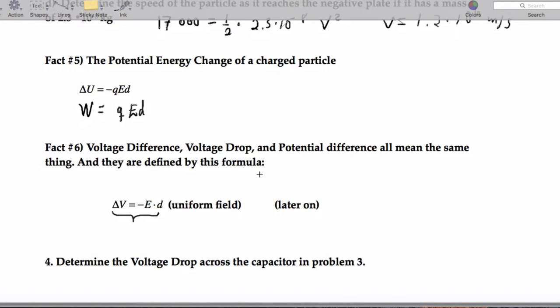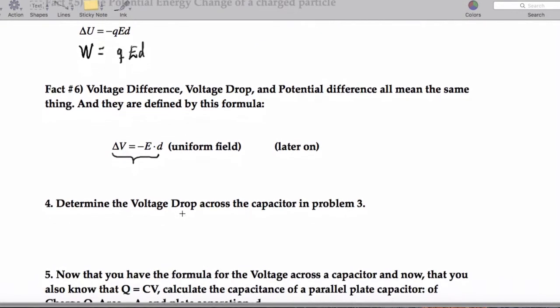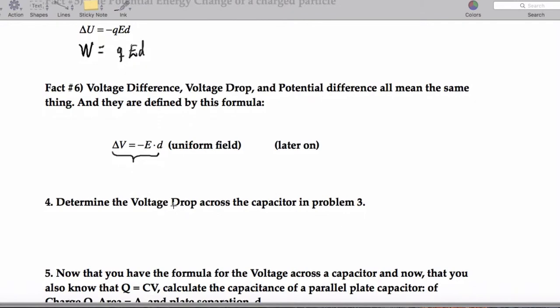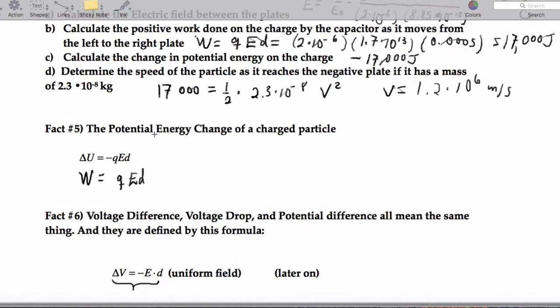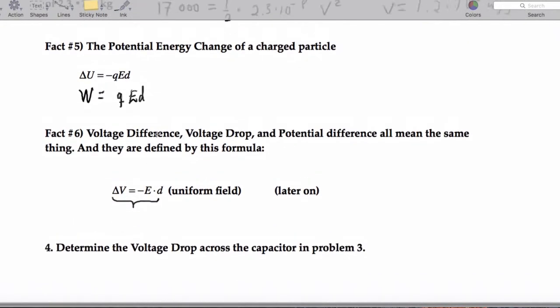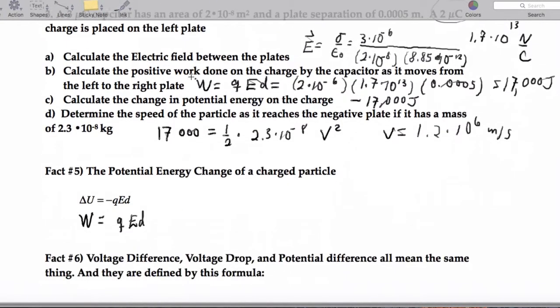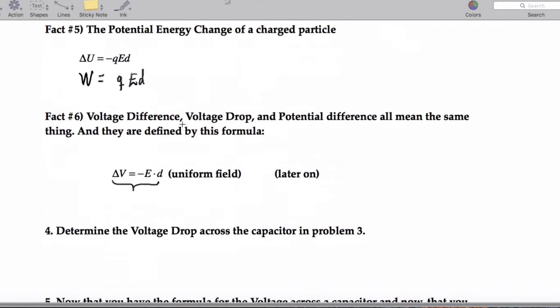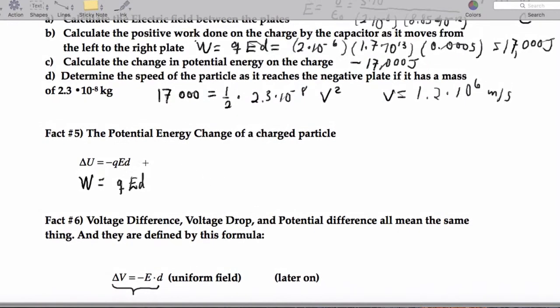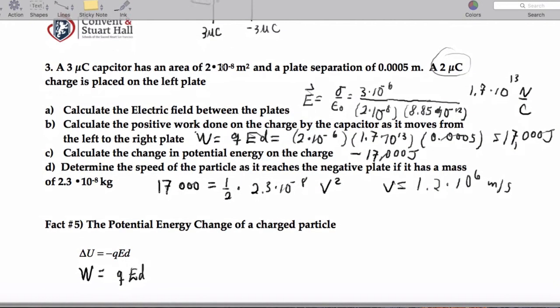That's actually how we define voltage, and it turns out that 100% works and defines the voltage that a battery would put across a couple plates. In other words, the voltage that you're used to doing in circuit stuff is exactly the same as the voltage that's going to apply when we do capacitor stuff right here.